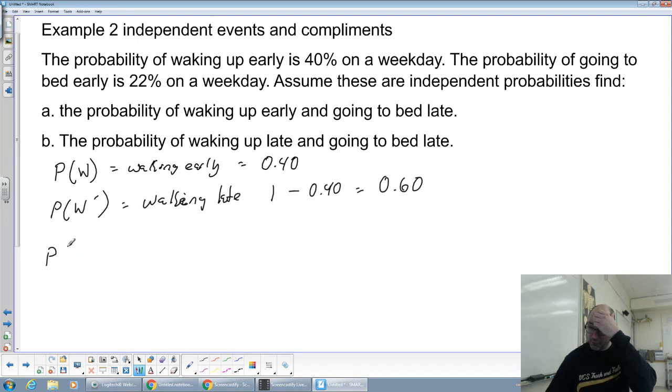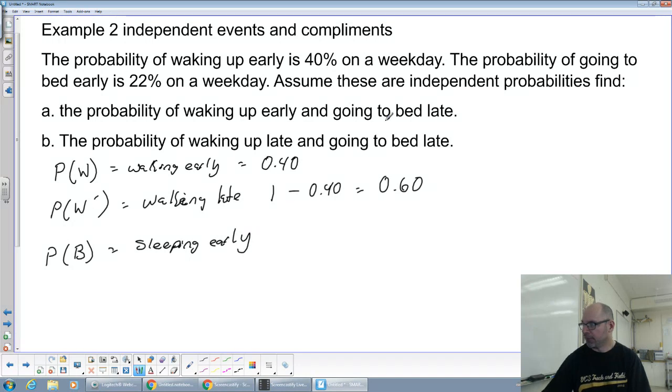Okay, let's say probability of waking up early, waking up late. And then the other one is going to bed. So we'll call it B. So this is sleeping early. Going to bed early is only 22%.